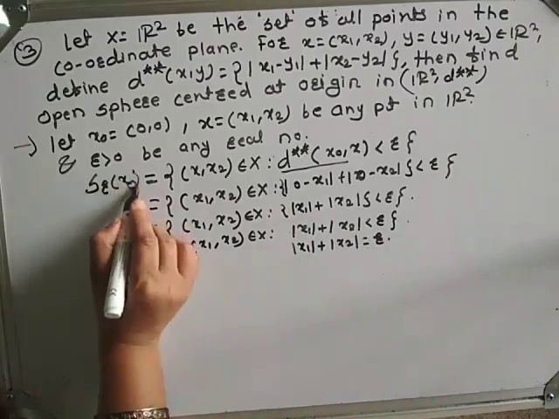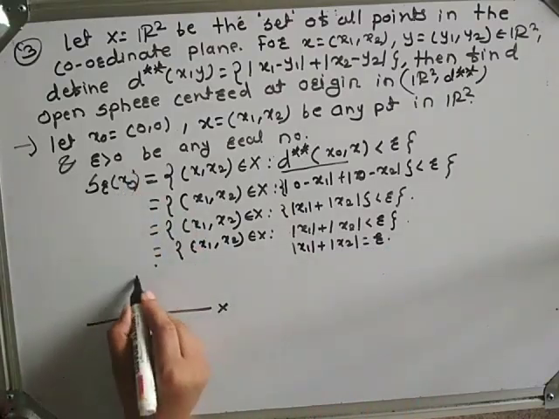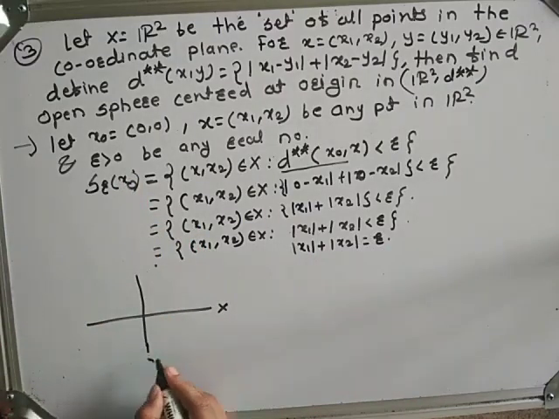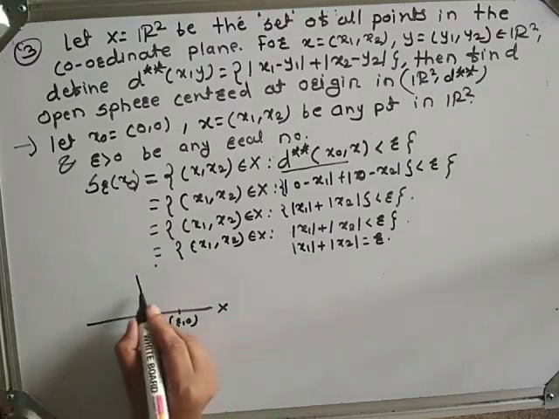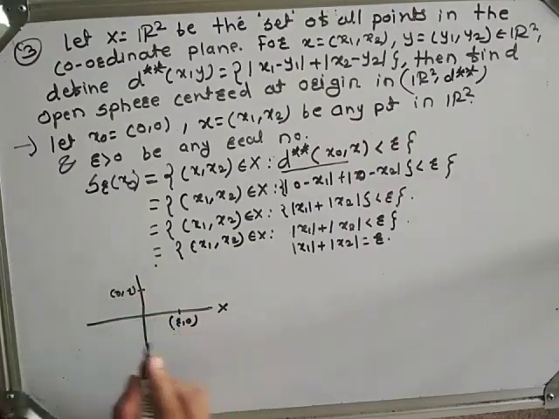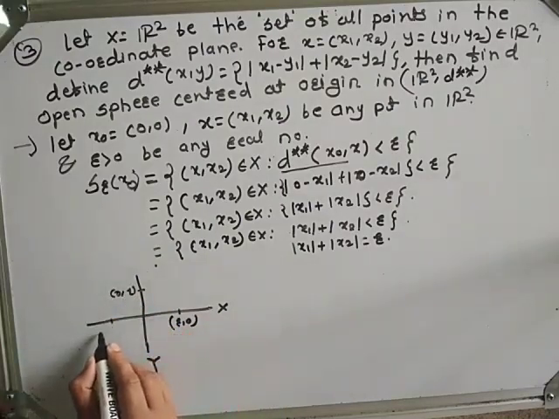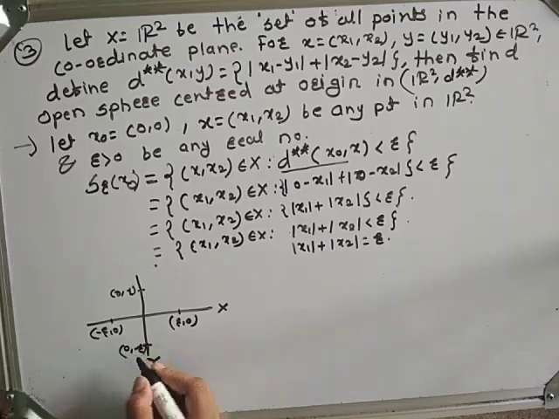Now we will draw this open sphere. This is the x-axis, this is our y-axis. Suppose here is the point r, 0, here is the point 0, r, here is the point minus r, 0, and here is the point 0, minus r.